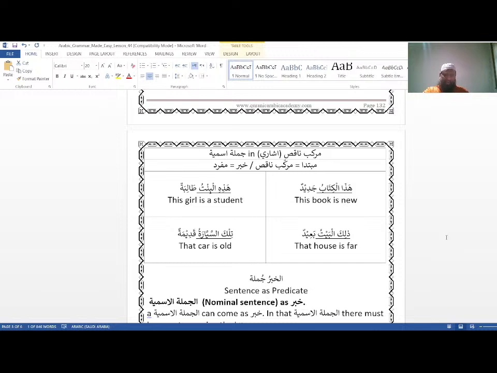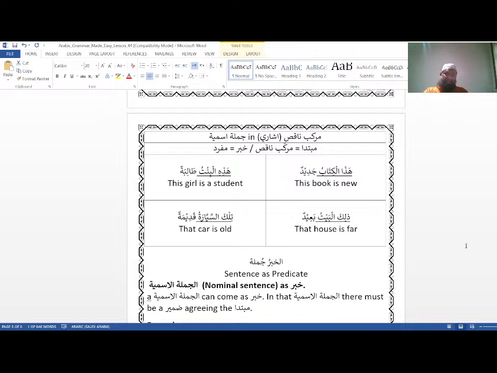Al-jumla al-ismiyya can come as khabar, and in that case, in that jumla ismiyya, there must be a damir agreeing with the mubtada.